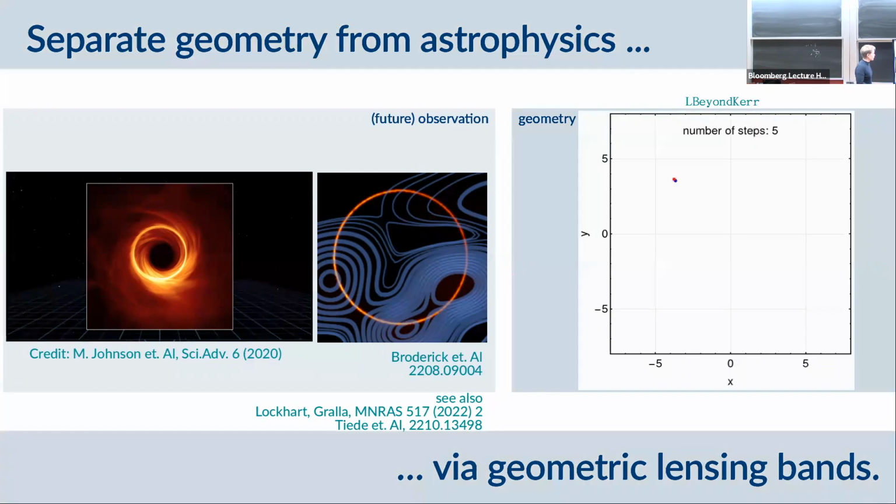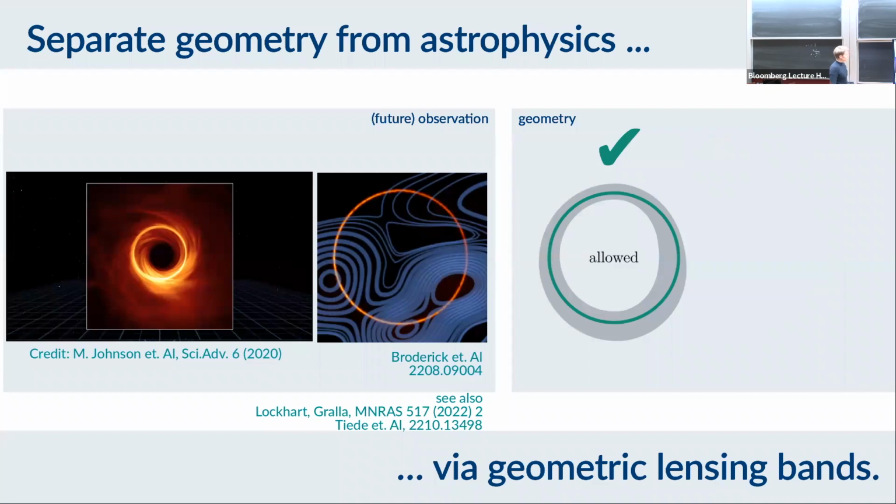Okay, and now I've developed a code that does that not just in Kerr, but does it for any geometry and finds that boundary. And it just goes around. And if you can do that, you can find these regions, which are the gray bands here, in a beyond GR geometry. And you can ask, does that feature that people have separated fit into the geometric region?